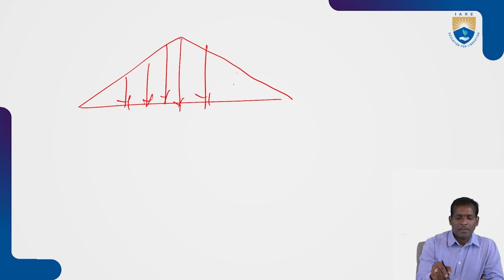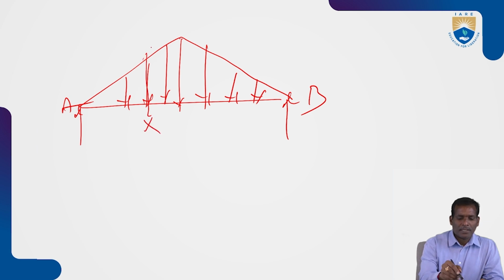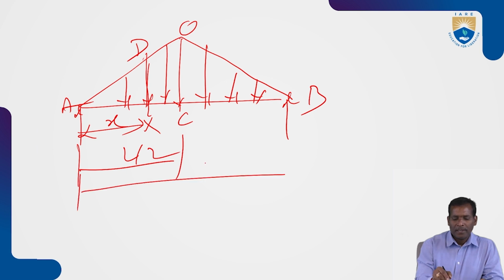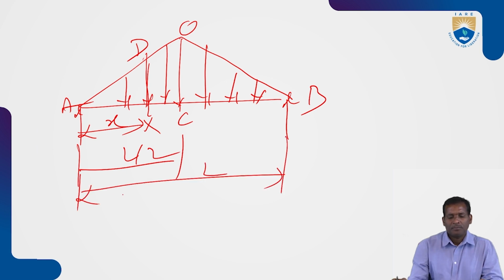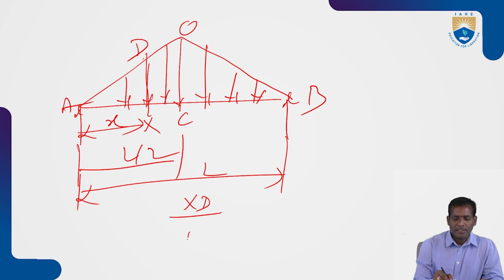Once I draw this diagram, with A and B, at section X the point D, this is X, and C, O, this is L by 2, and the entire length is L. So in similar triangles, XD by AX is equal to CO by AC.